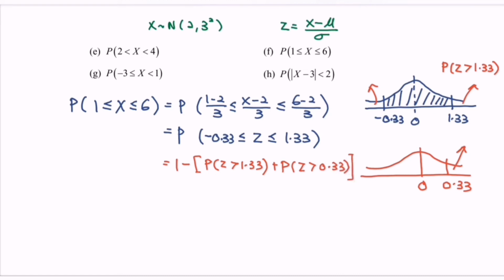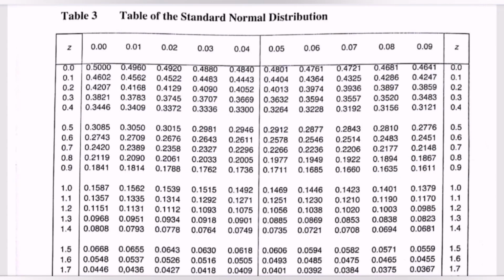So kindly refer to the table, where we have to look for the values of z, 1.33 and 0.33. At first, refer to the table of standard normal distribution with the value z, 0.33, where we have 0.3 and 0.03. So here is the probability for 0.33, which is 0.3707.